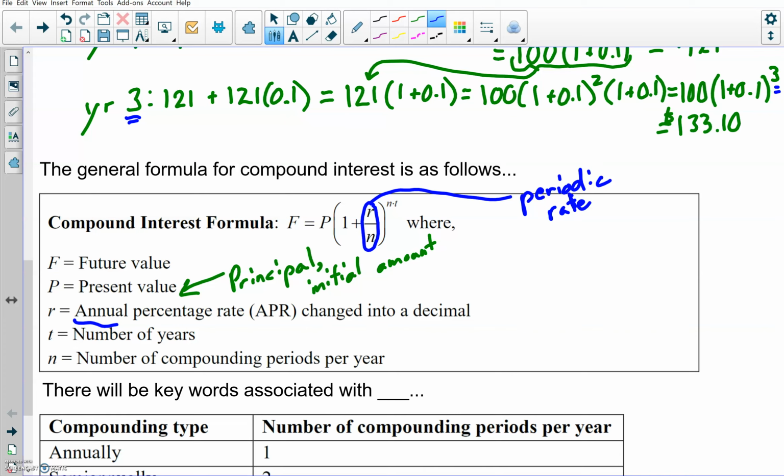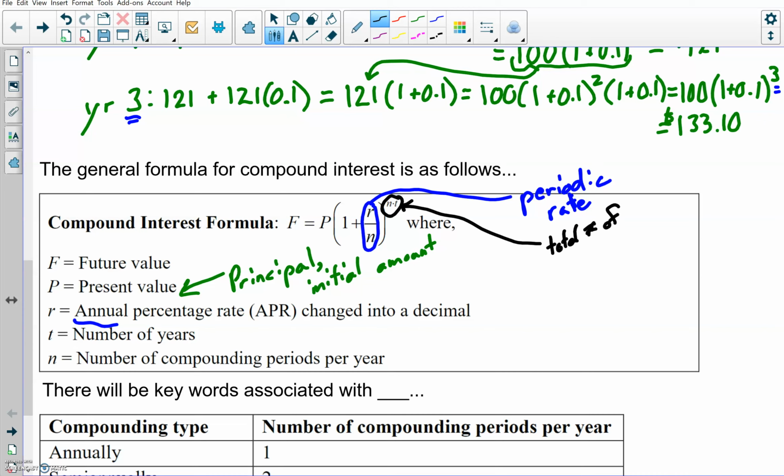So that's why they divide that by n in order to adjust the yearly rate to be a periodic rate. And then the nt up here in the power, since you might be compounding more times than just once per year, you will actually have to consider the n times the t as the total number of compoundings over the time. So it's just the total number of compoundings.